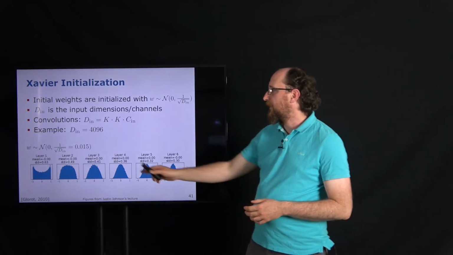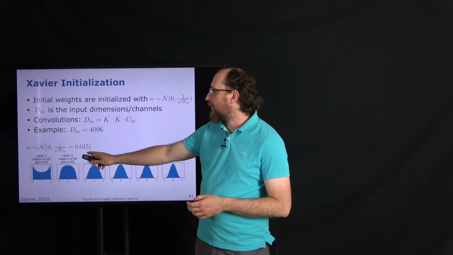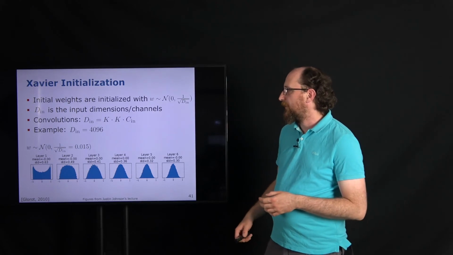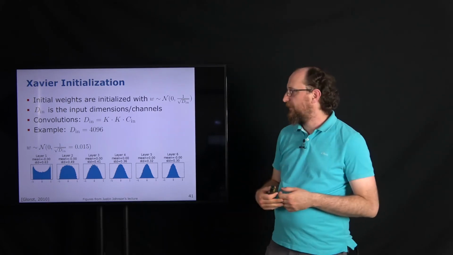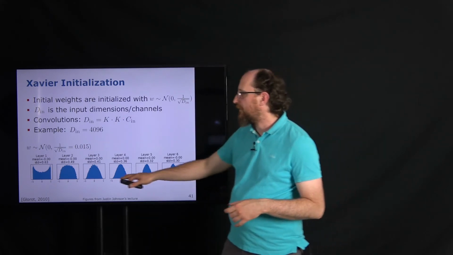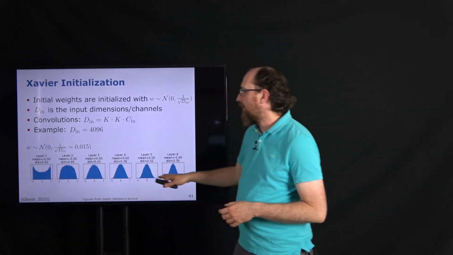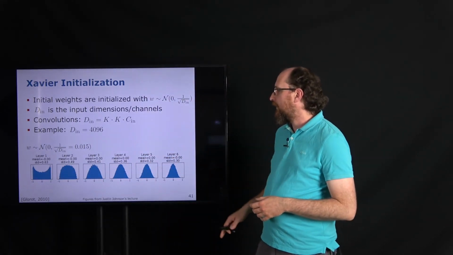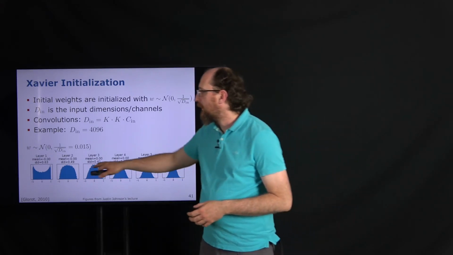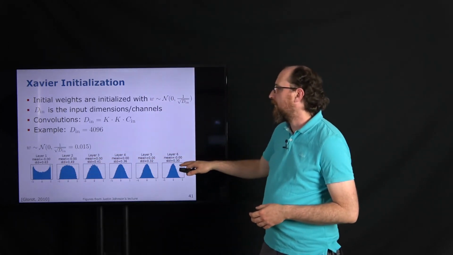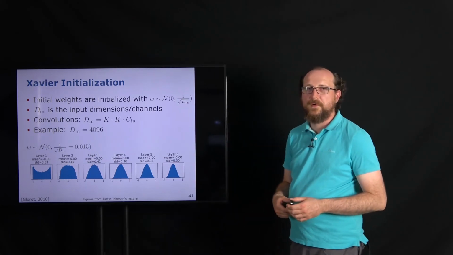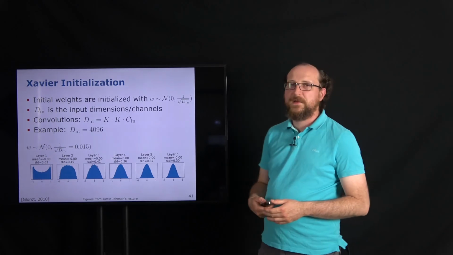When we are using this, we are getting a standard deviation of 0.015. It's a little bit larger than 0.01, but this already leads to a behavior where we have activations that are very well distributed over the whole layers. Important to note is that it achieves that the standard deviation of the activations is equally distributed over the whole layers. And this gives us a good starting point for the training.